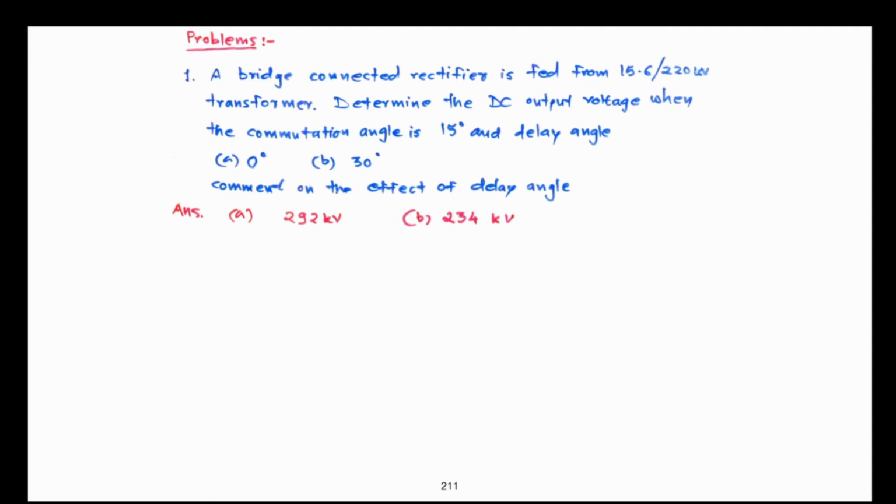This checks the effect of delay angle on the DC output voltage. Of course, 0 degrees is an ideal value of delay angle. A thyristor will always have a certain minimum delay angle of 2 to 5 degrees. Finally, we have to comment on the effect of delay angle. So let us solve this problem.